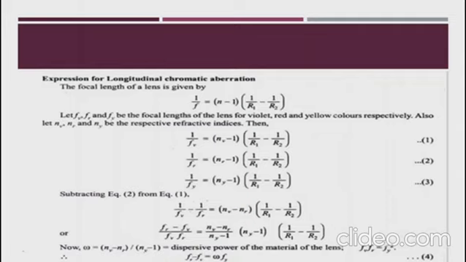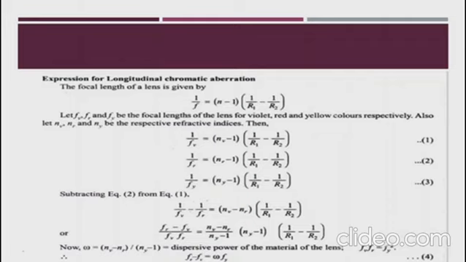We already know that n is the refractive index, and that also applies here as Nv, Nr and Ny for the three colors. So we can write three equations for these three colors using the focal length equation.